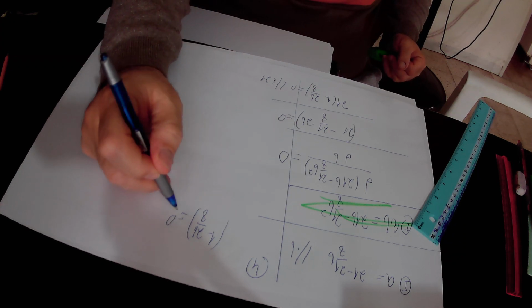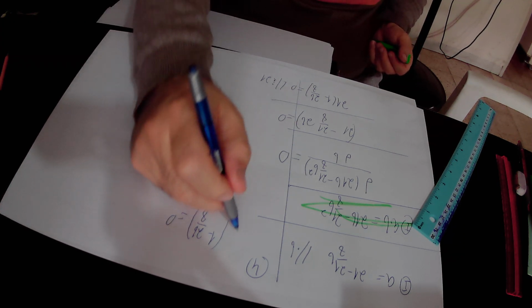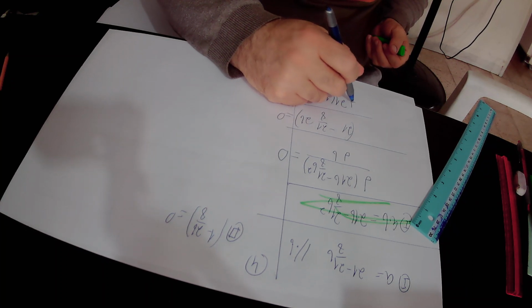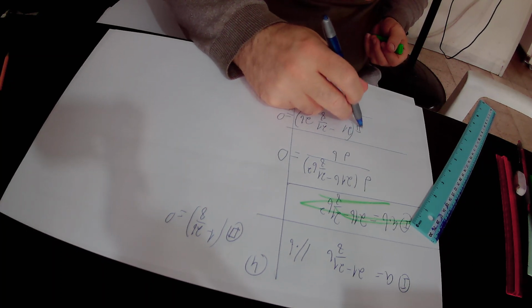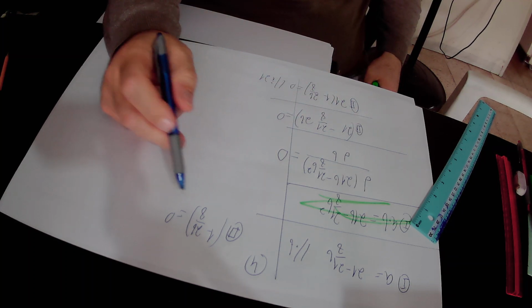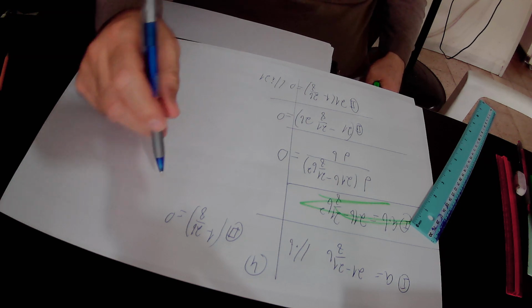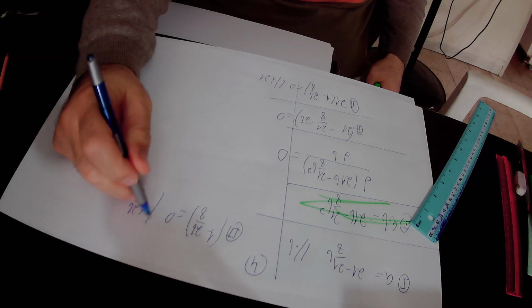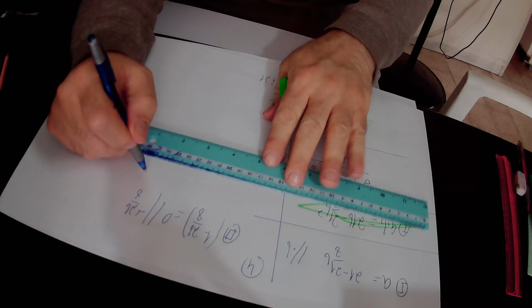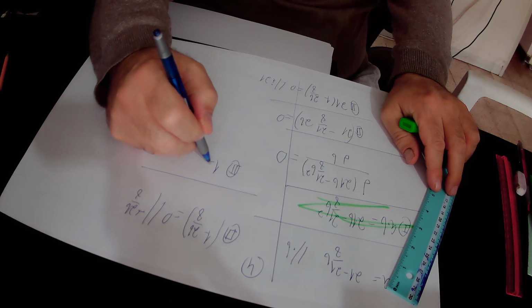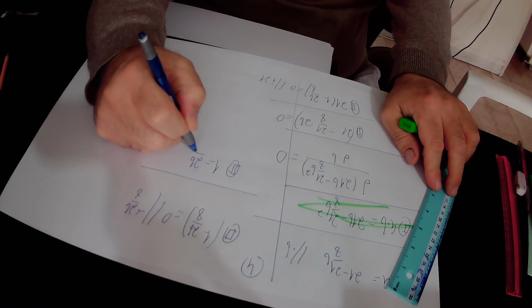So in conclusion we found out that according to equation 2, 1 minus 2b over 8 equals 0. Here we will add 2b over 8 to this equation, equation 2, and we found out that 1 equals 2b over 8.